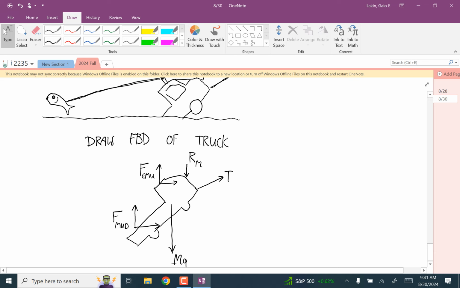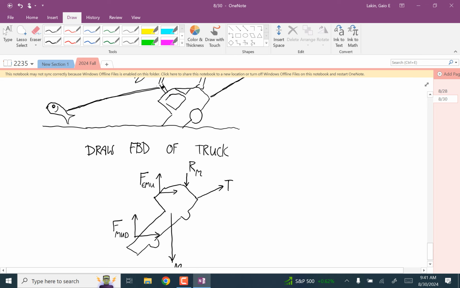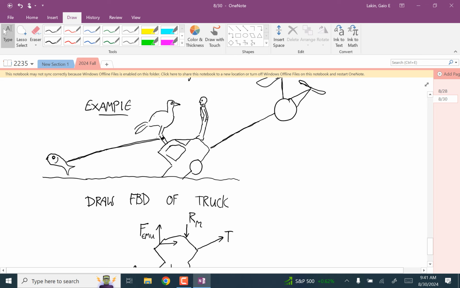I'm going to talk about how you know the directions of forces, all of that. But for now, I just want you to notice this super complicated thing. Your eyes just kind of glaze over sometimes when you see something with all these different angle references. But just remember to be systematic about it.